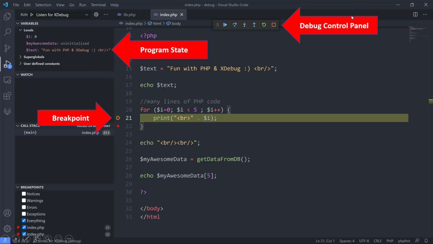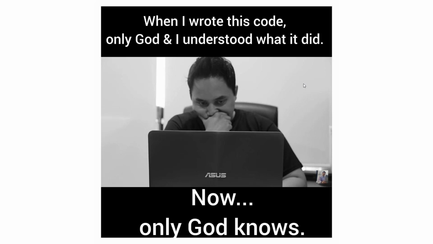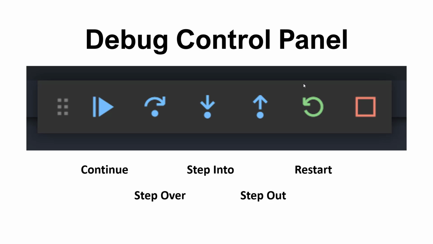Then we also have this debug control panel that will allow us to jump to the next breakpoint, restart it, and stop it if we want to do that. If you take a look at the debug control panel, you can see that we have different controls. We have continue, that will take us to the next breakpoint.